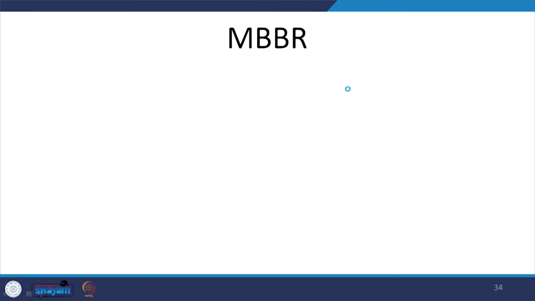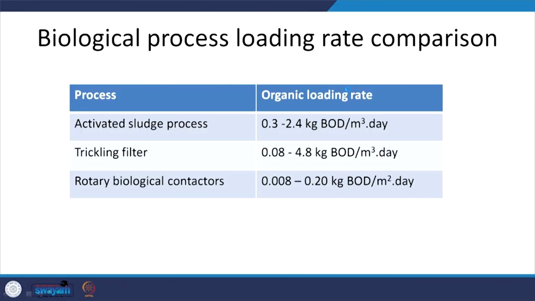So, MBBR is something I already discussed, and now we will move on to another aspect, but let me finish this up. Biological process loading rate: let us compare the three different cases. One is the activated sludge, which is the suspended process, and two, attached growth, which are the trickling filter and rotary biological contactors.